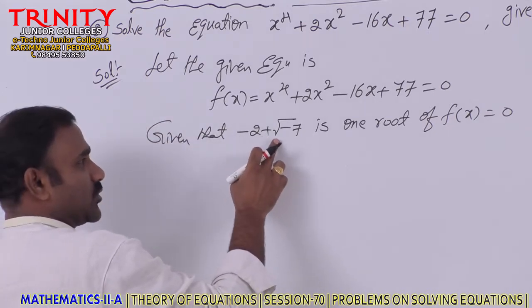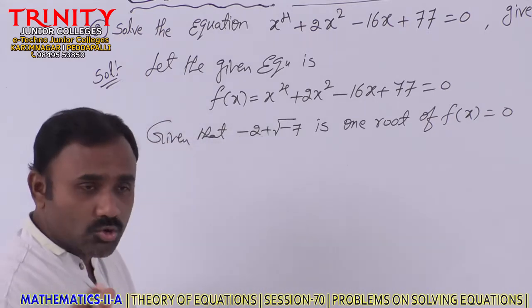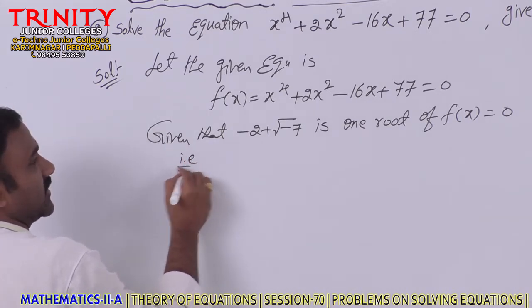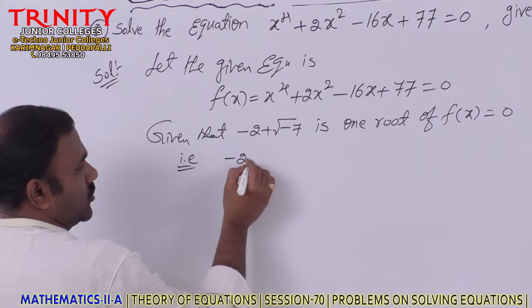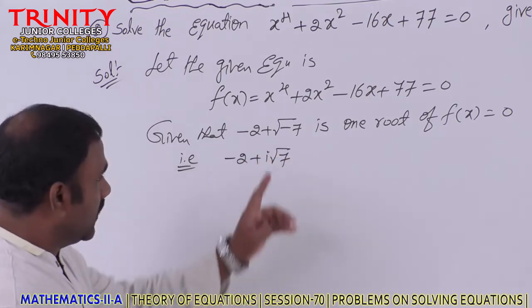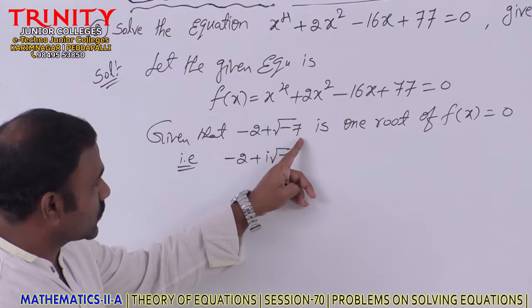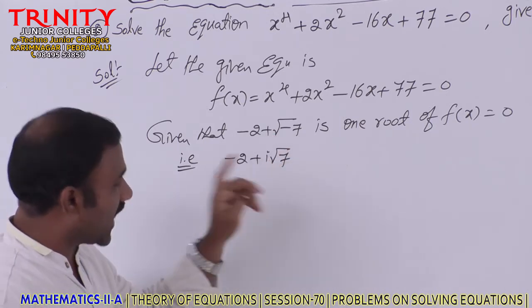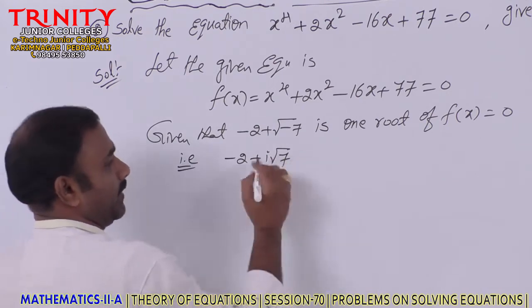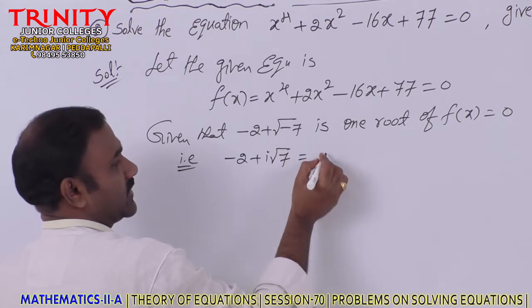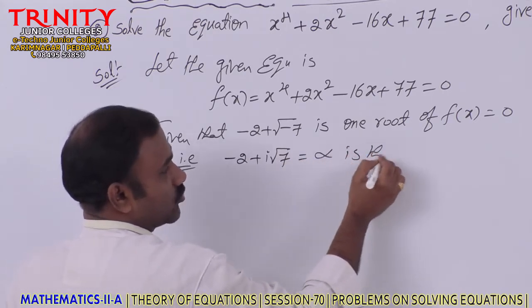That means it is minus 2 plus i root 7. Root minus 1 into 7 is root minus 1 into root 7, and root minus 1 is nothing but i. So minus 2 plus i root 7 is equal to alpha, the root of f of x equal to 0.